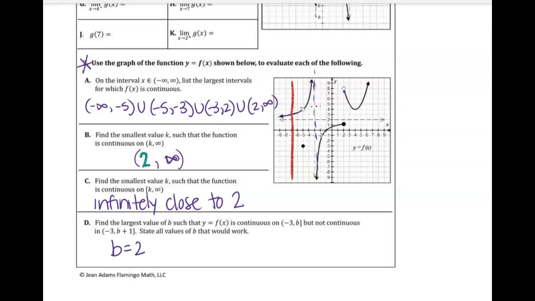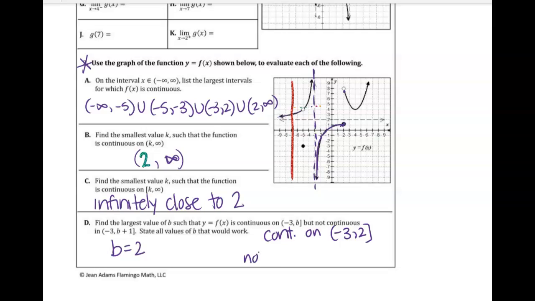Reason being, if you start at -3, so this asymptote here, the function's continuous from -3, moving along to where x is 2. It's continuous there. So continuous on -3 to 2, and 2 is included because it's closed.